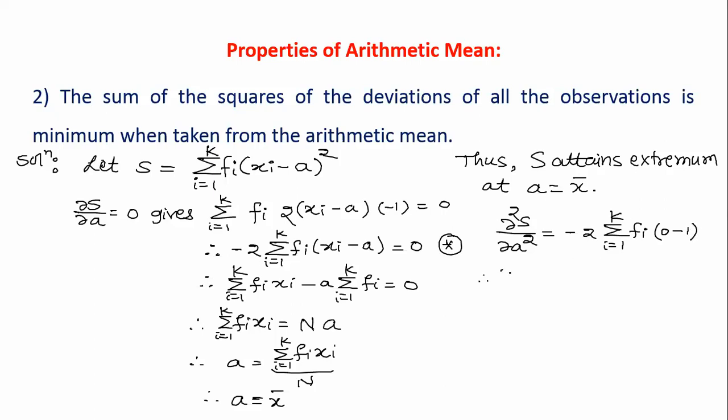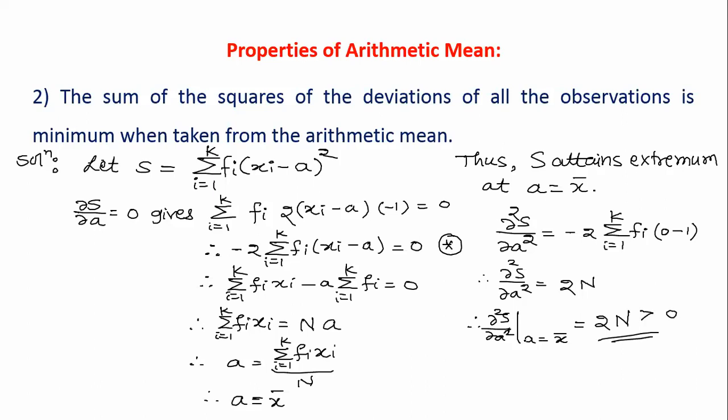And therefore delta square S by delta a square is equal to 2 into summation f_i, and therefore at the point a equal to x bar, that is nothing but 2N. There is no a, so we know it is greater than 0.